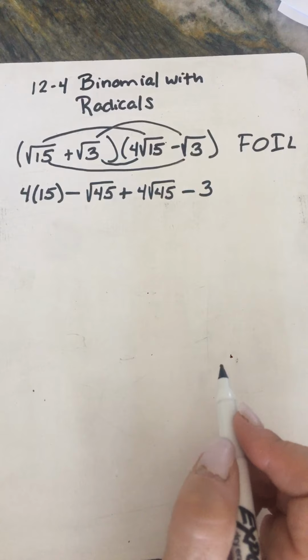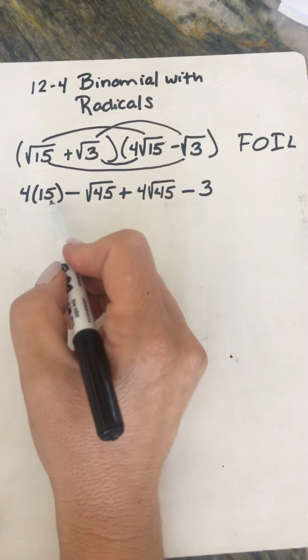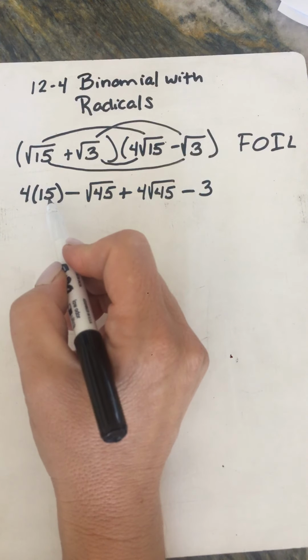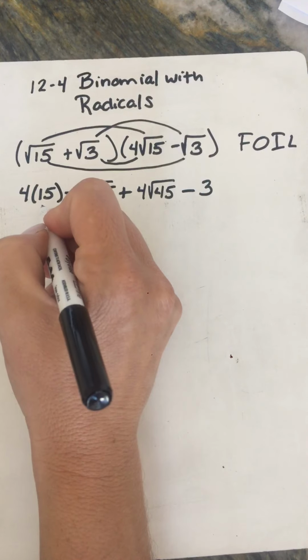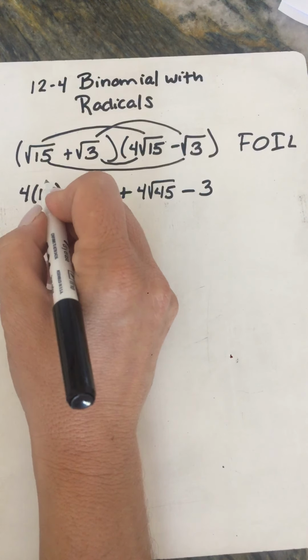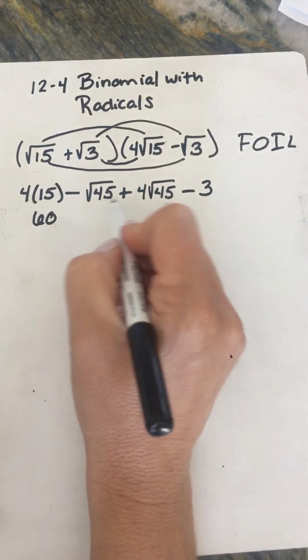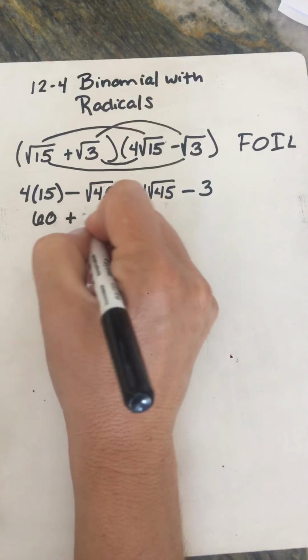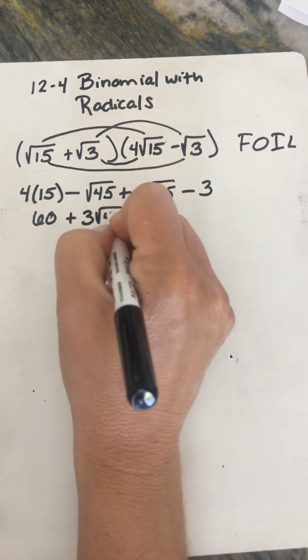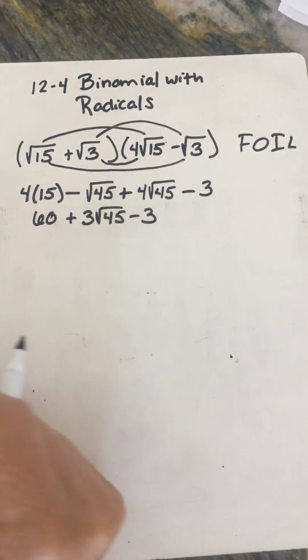Okay, here we go. 4 times 15 is, let's see, that's a 60. Combine like terms here, so that'll be a positive 3 square root 45 minus 3. I know there's more simplifying we can do, so let's do it.